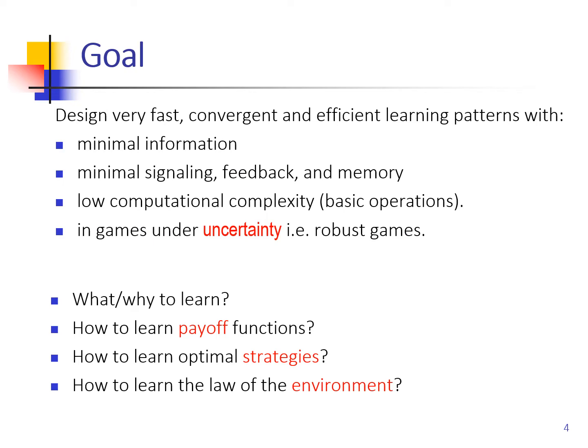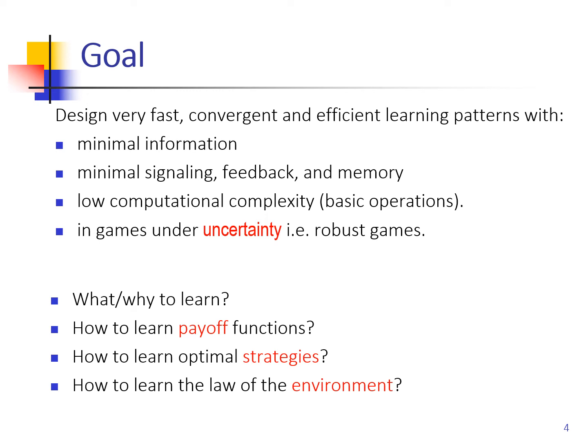Just to remind what the goal in RL is: as written here, it is to design very fast, convergent, and efficient learning algorithms with a number of assumptions. First, the information is minimal, in the sense that an agent is not able to observe the information coming from other agents.